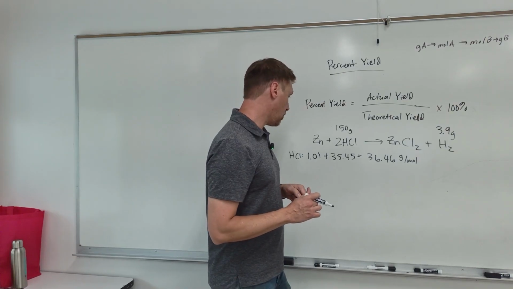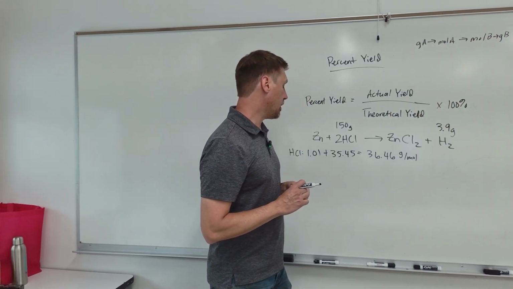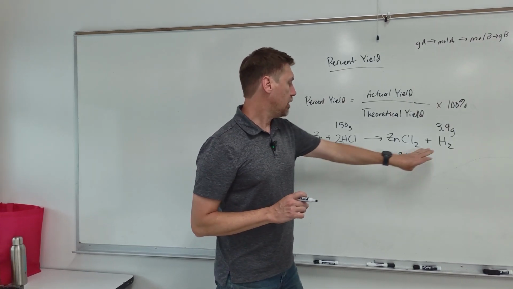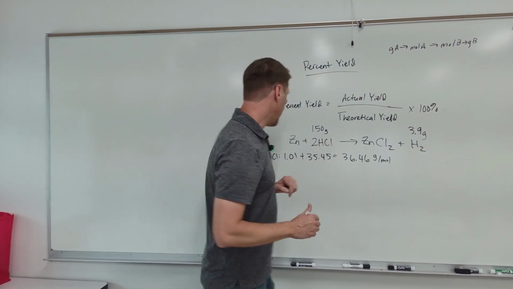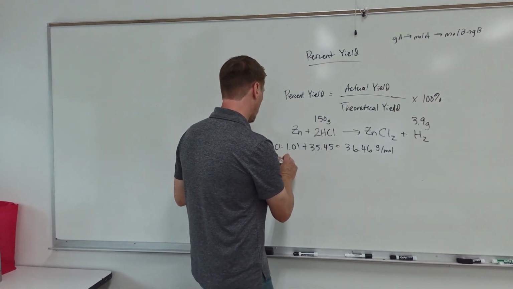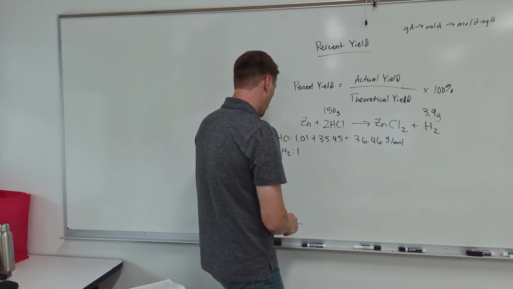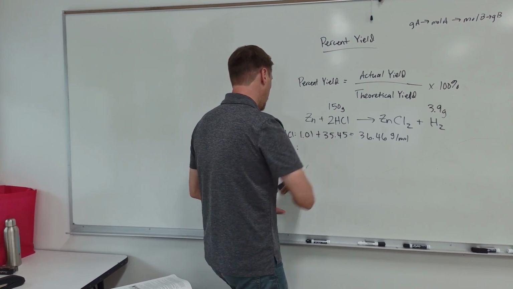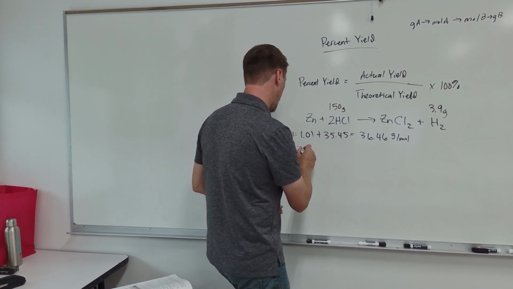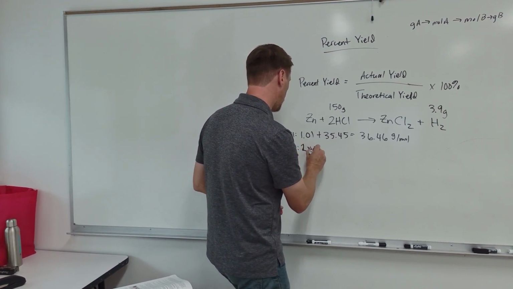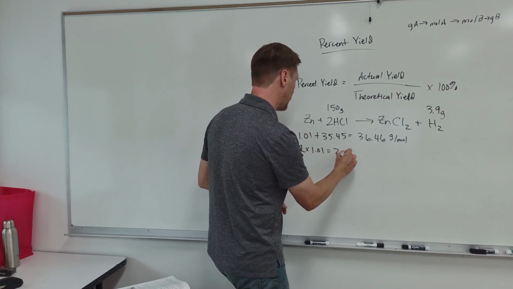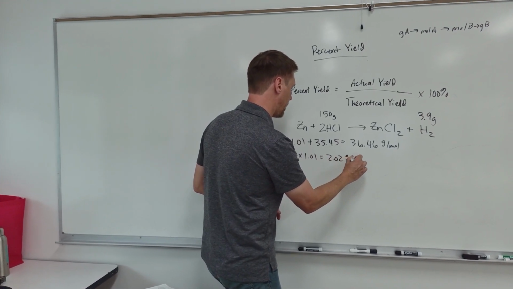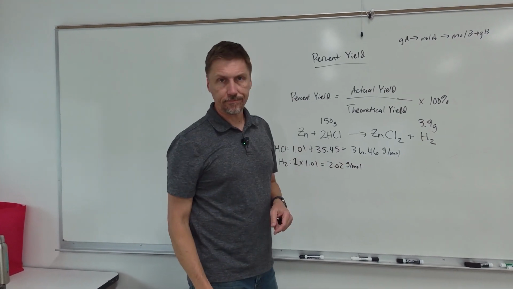So we're going to need that. We're also going to need to know the molar mass of H2. So let's calculate that real quick. H2, again, 1.01 is the atomic mass of a single hydrogen atom. When we multiply that times 2, we'll get 2.02 as our molar mass for hydrogen, right?